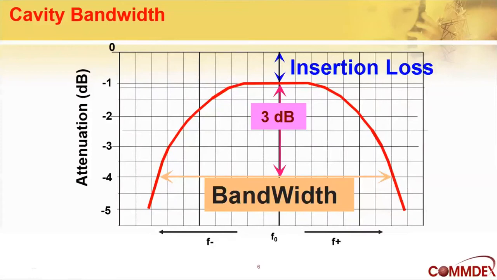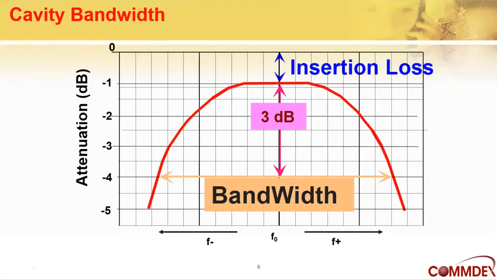And then you have the bandwidth of the cavity. This is represented by the plus and minus points that are 3 dB down, which is to say half power, down from the peak, and the distance in bandwidth represented by the 3 dB points is equal to the bandwidth.